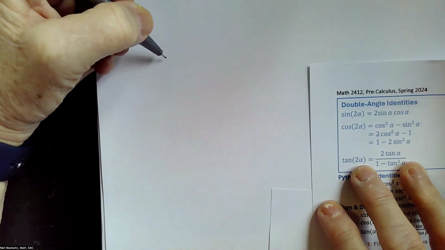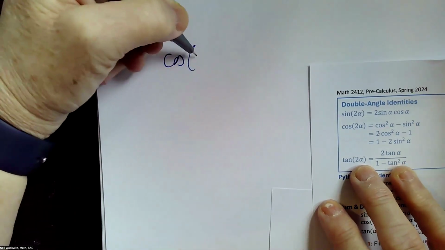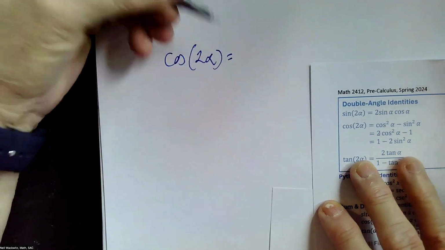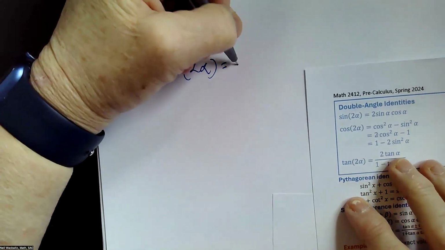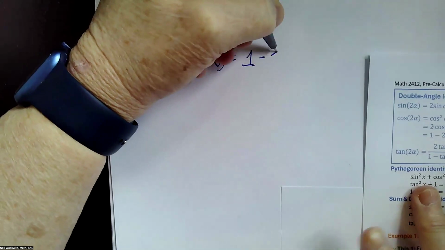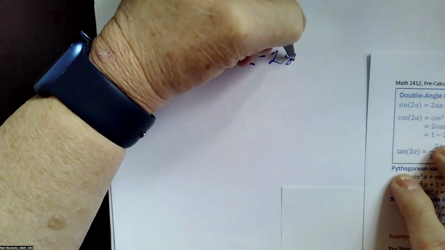So we've got cosine of 2 alpha can be written as 1 minus 2 times the sine squared of alpha.